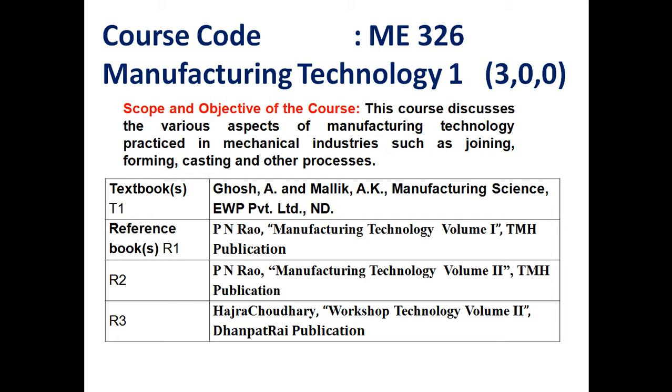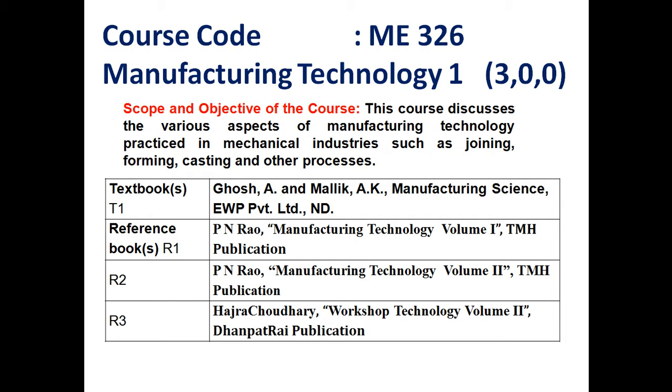Along with this main textbook, we have 3 more reference books. Reference book 1, P and Rao. The title of the book is Manufacturing Technology Volume 1. And other reference R2 is also P and Rao, Manufacturing Technology Volume 2. Both are published by TMH Publications.